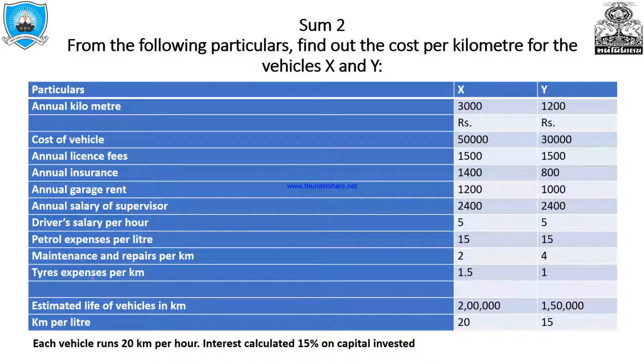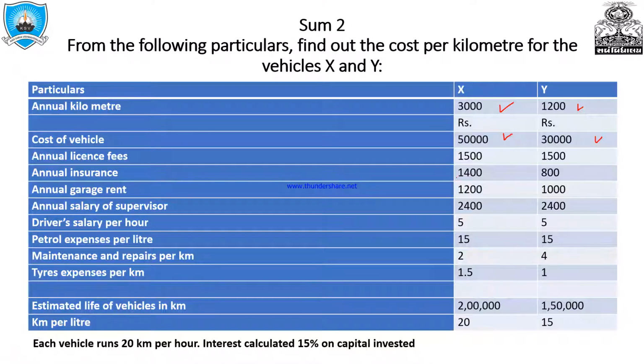All information is given: annual kilometers 3000 for X and 1200 for Y. The column is drawn for annual cost of vehicle: X 50,000, Y 30,000.